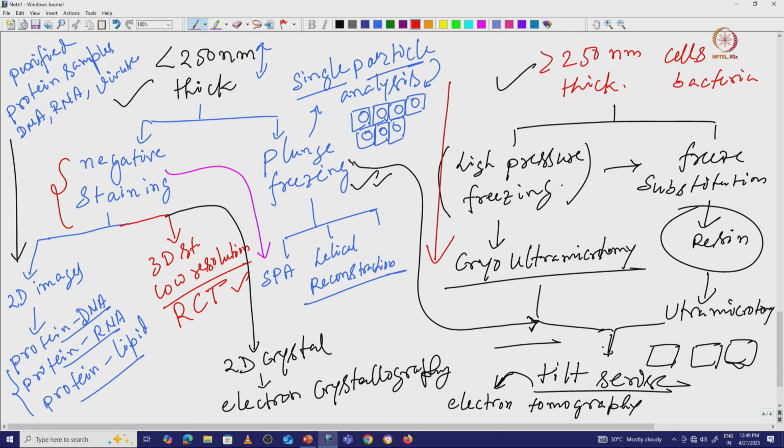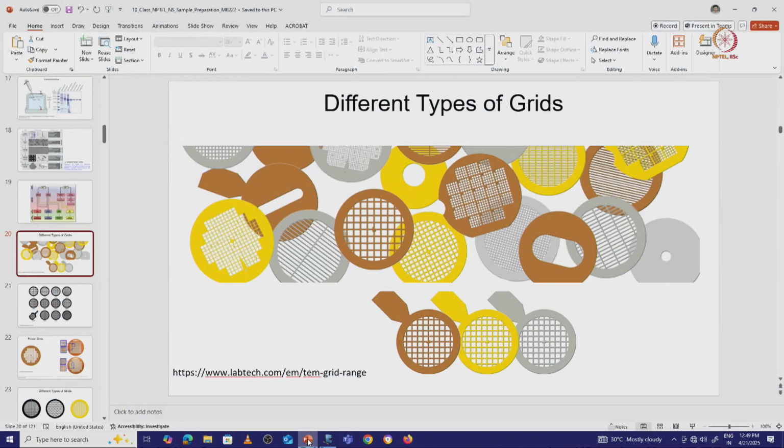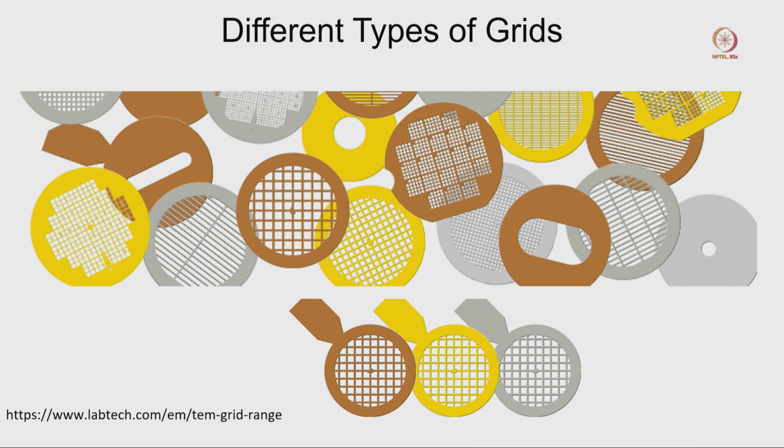Now, we are constantly talking about grids, that grids are very important for sample insertion or making that sample. So, what are grids? Why are we talking about grids? If you remember your sample holder, what do we have in this sample holder?